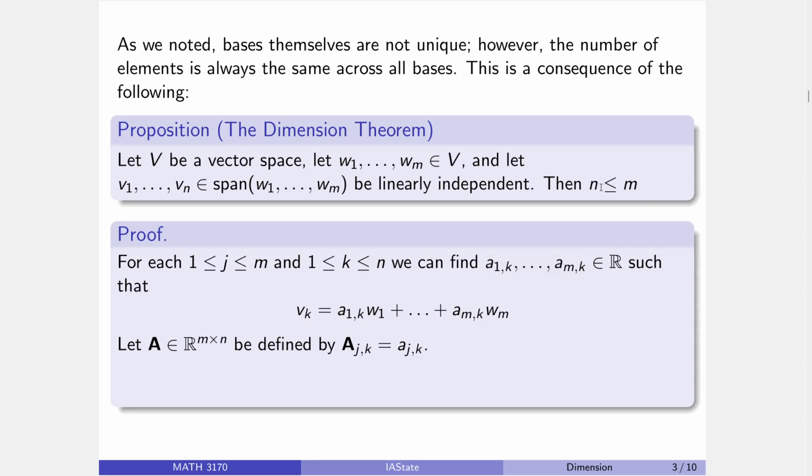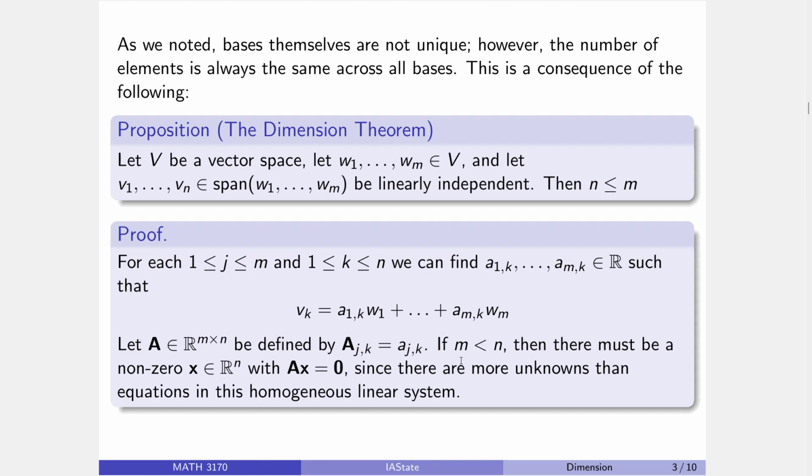All right, so I want to prove that n is less than m, so that's our goal. And right now we've unraveled this part of the hypotheses. I haven't used linear independence yet, and I bet linear independence is why this happens. So let's suppose that n is greater than m. Then I have a matrix with a larger number of columns than rows.